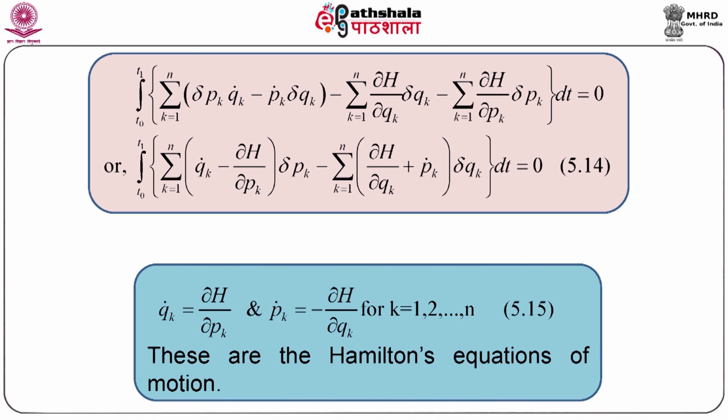Since in Hamiltonian mechanics the n generalized coordinates qk and the n generalized momenta pk have equal status, and since the result 5.14 holds for all arbitrary variations delta pk and delta qk, it follows that qk dot equals del H del pk and pk dot equals minus del H del qk for k equal to 1, 2 up to n. These are Hamilton's equations of motion.